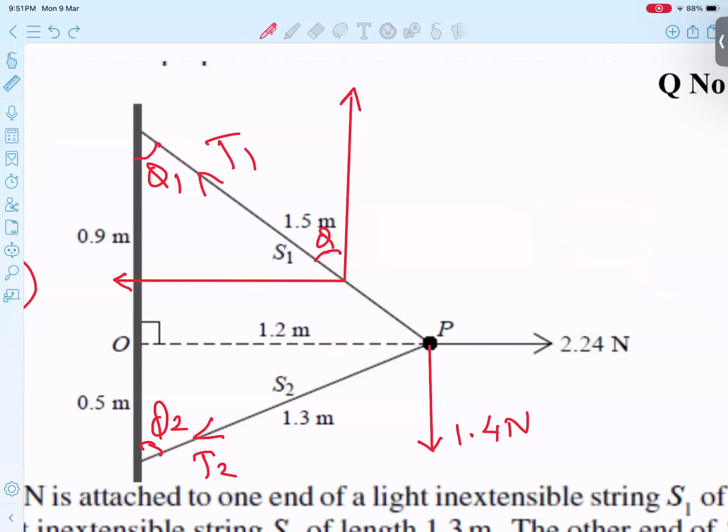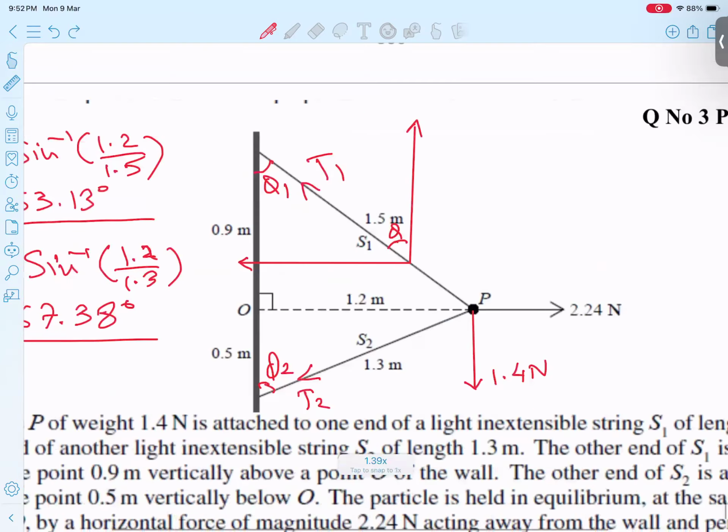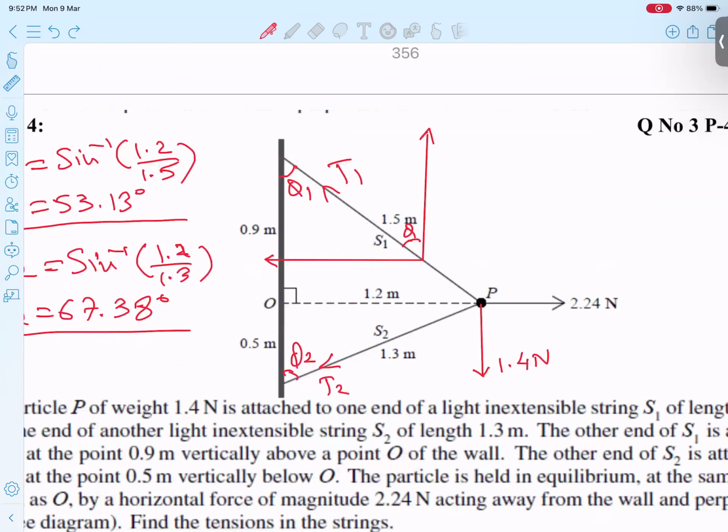So this is T1 cos theta 1, which is T1 cos 53.13, and the other is T1 sine 53.13.